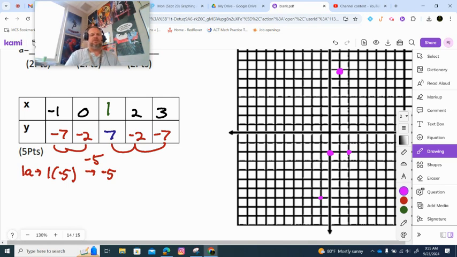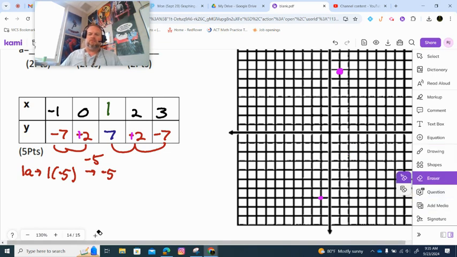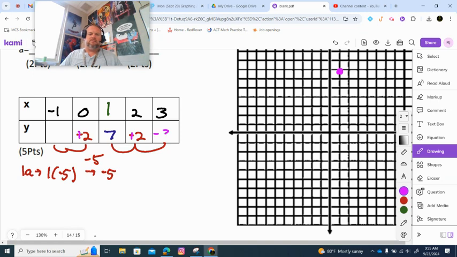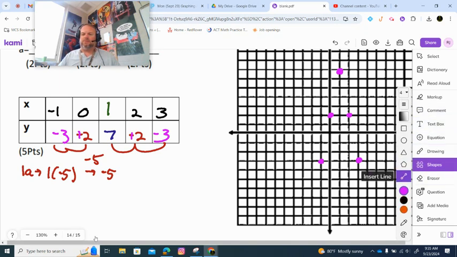Nope, that shouldn't be -2. That should be +2. And that should be -3. All right. There we go. Shapes.